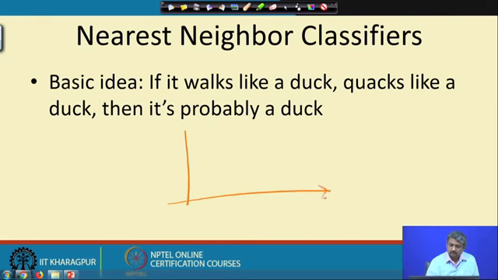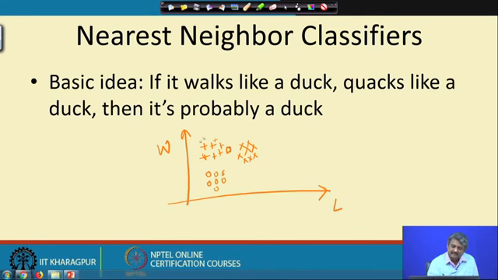This is my attribute space, sorry, feature space, and I have my training points whose class labels I know. And when a new point is to be classified, instead of drawing a delta, I do a ranking.